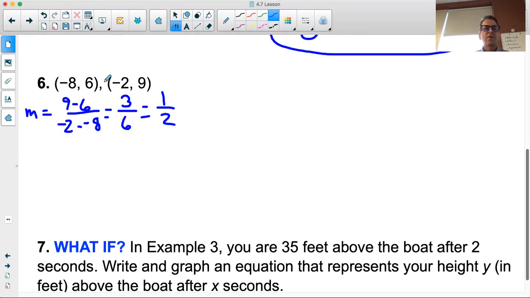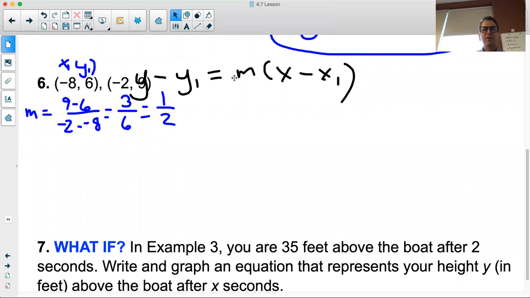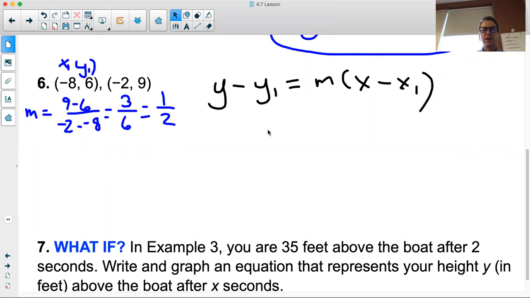Okay, terrific. Now we're going to pick one of these points. Again, I'm just going to stay consistent and pick the first one. Again, you could pick the other point. It's just a matter of working with the equation. So what I've done here is pulled our relationship over again, so we've got everything ready to go.